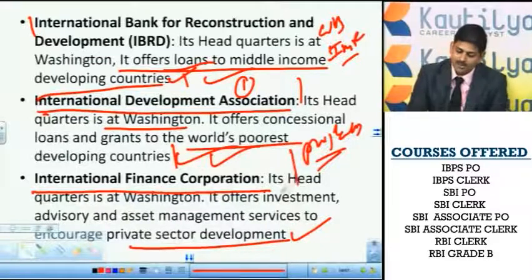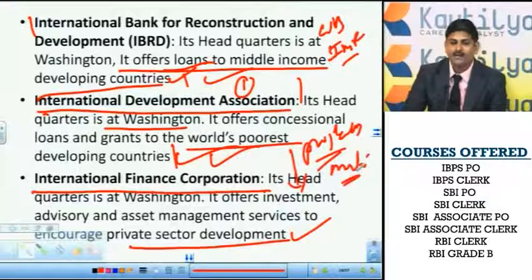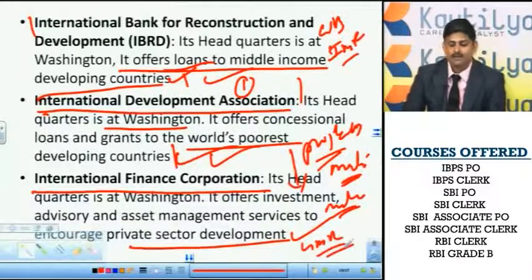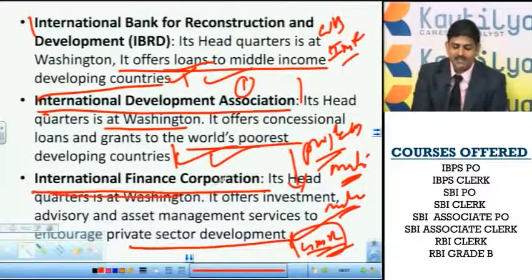Suppose you take Malé International Airport in the Maldives. It was constructed by GMR, again an Indian group, with the assistance of the International Finance Corporation.